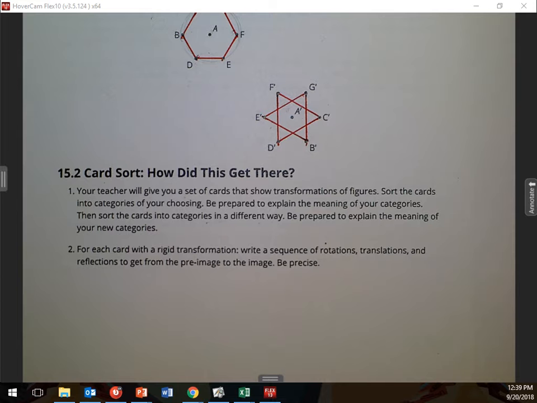Okay, count your cards. It should be card 1 through 6. I don't have 1. I don't have 2. Did I give myself one? I did. Okay. I'm just going to leave the extras right here. Alright, so everyone has 6 cards. Thank you very much.